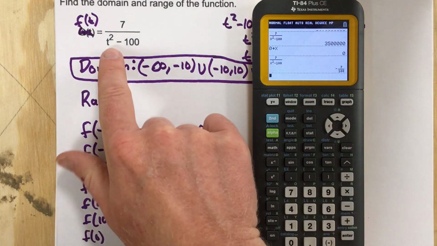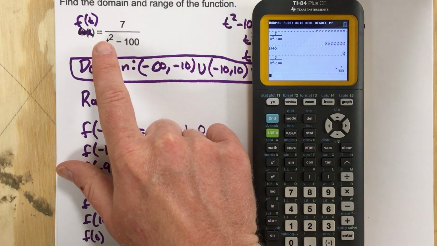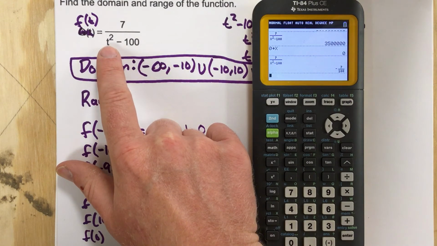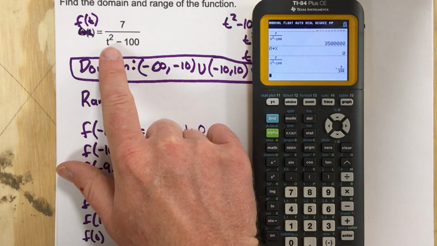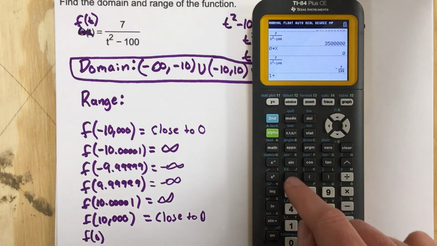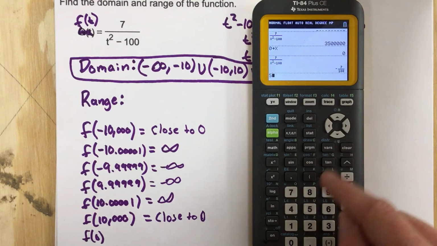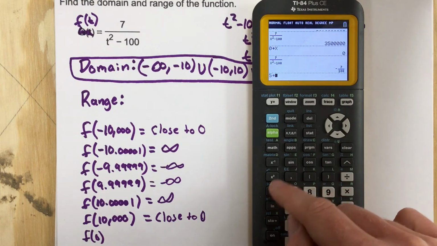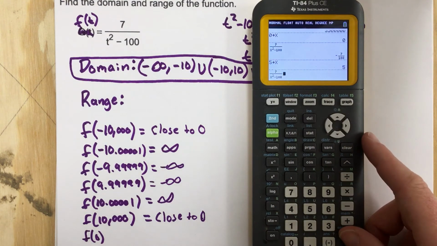Now when I plug in 0, because I have a square function on the bottom, anytime I plug in a number that's both positive and negative, I essentially get the same number on the bottom. So if I plug in 1 now, let's store it as x. Or let's store like 5 as x. And then grab that function.